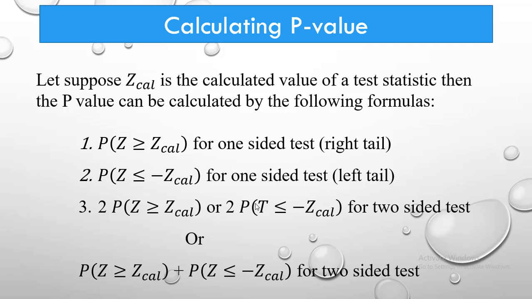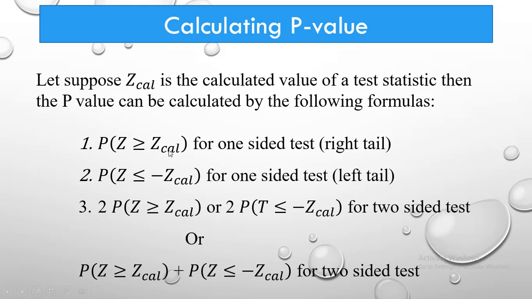Now, how can we calculate this p-value in hypothesis testing? Let's suppose z is z calculated, which I will discuss in the next slide. In the example, this is the value you calculated in the hypothesis testing, the value of the test statistic. Then the p-value can be calculated using the following formulas.